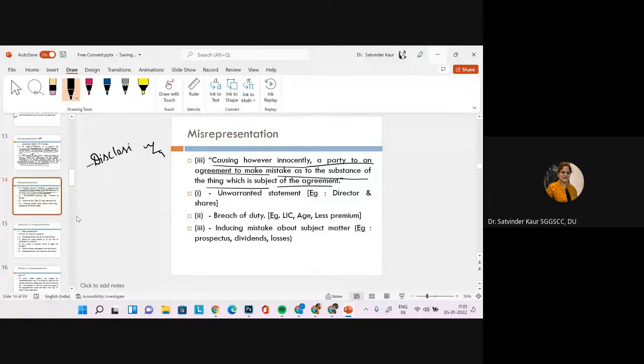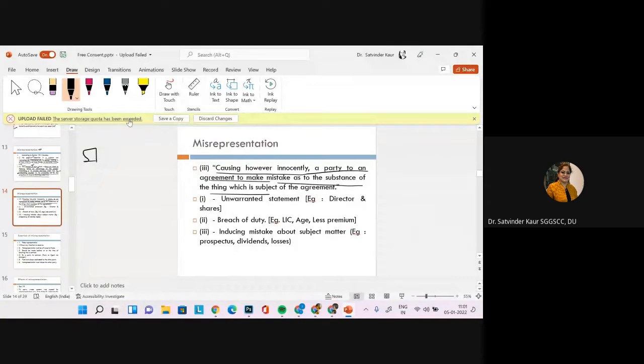What will happen in that case? If you remain silent, you have not disclosed the complete facts, and this situation has led the other party to misunderstand the facts of the situation. This will also be considered misrepresentation.